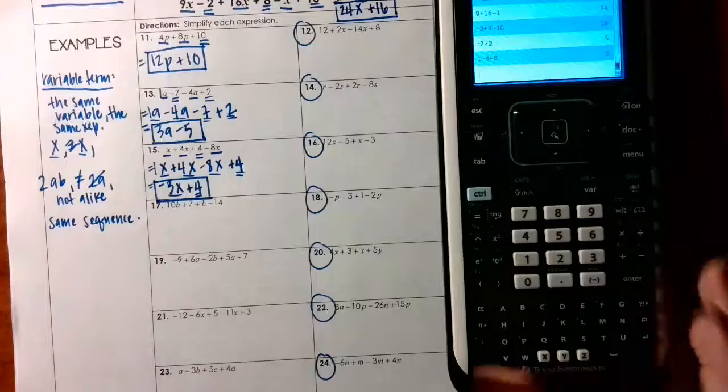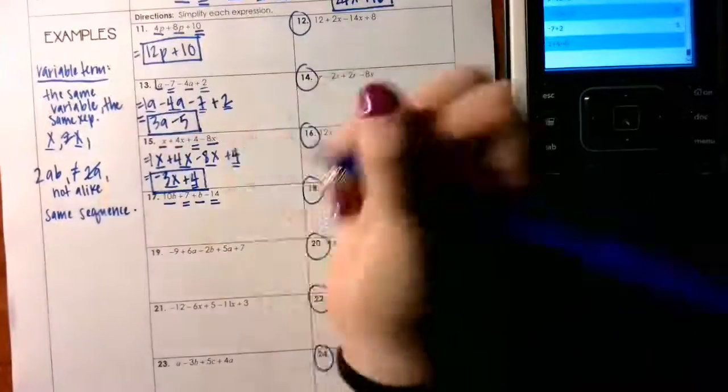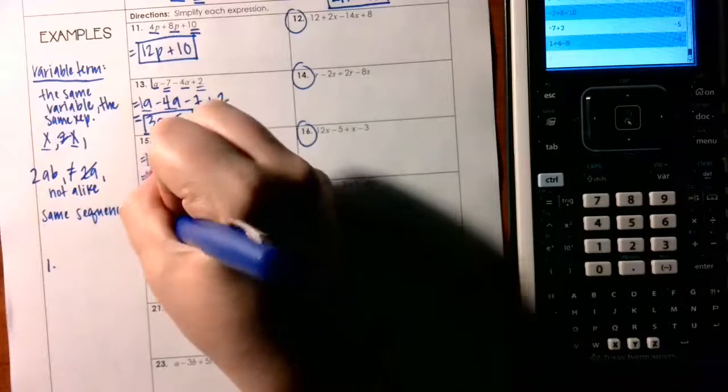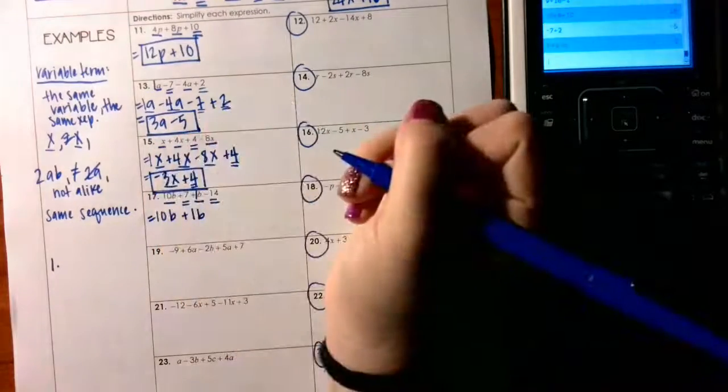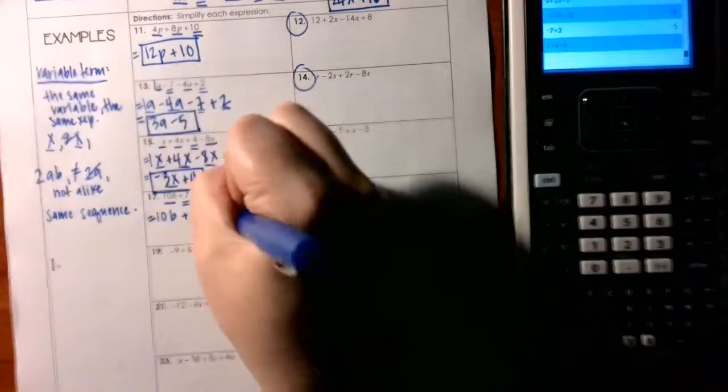Okay? Moving on to number 17. I'm going to do the same thing. I'm going to underline all my variable terms with 1 underline. I'm going to underline all my constants with 2. My first step is I'm going to rewrite it with my like terms together. So 10b plus that 1b, don't forget there's an imaginary 1 there, plus 7 minus 14.